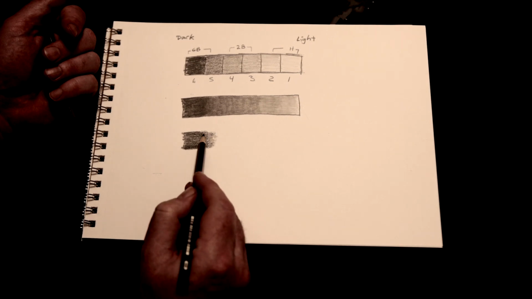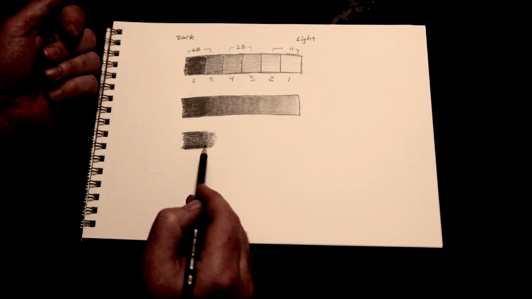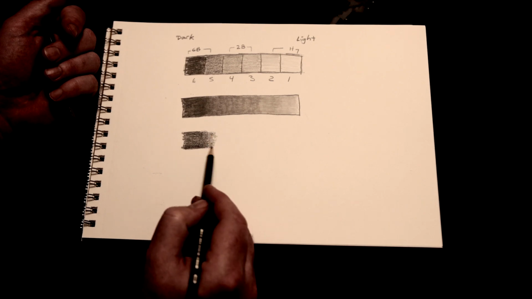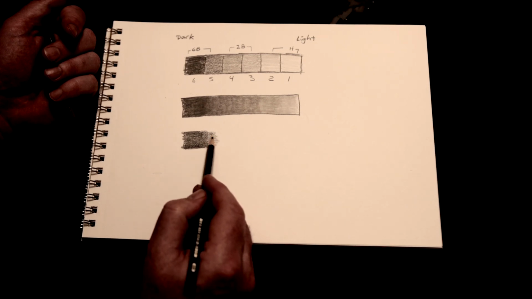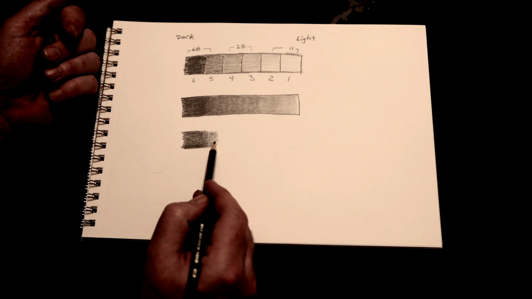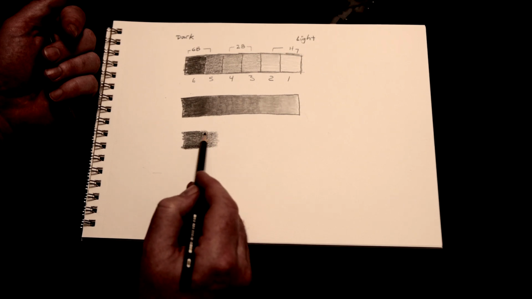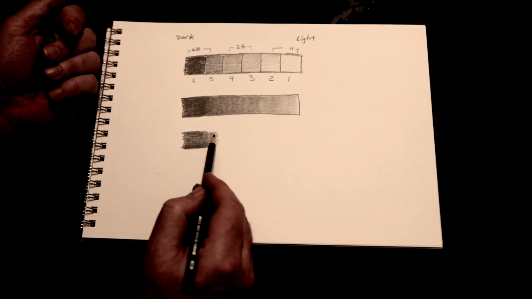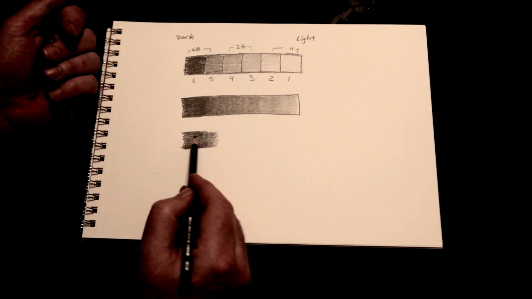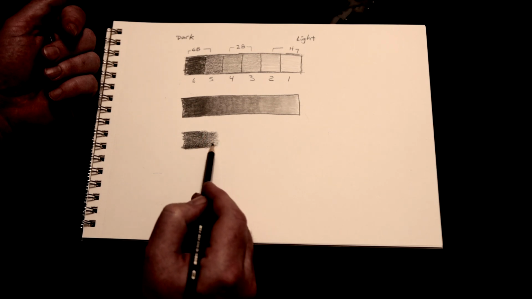And notice I did a column, then moved over, did a column, then moved over and did a column. This helps me regulate the pressure a little better. And then I can keep fine-tuning it with my pencil as I go.